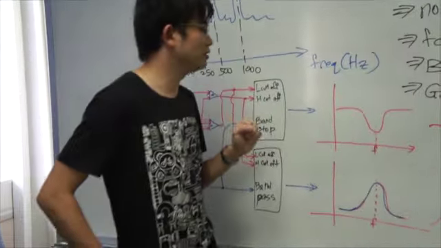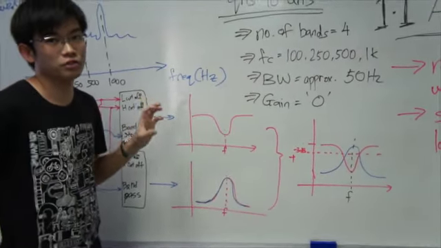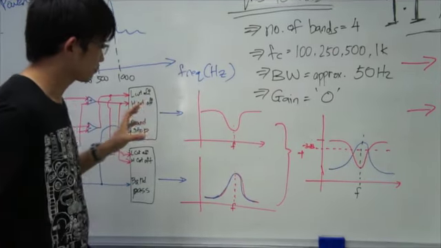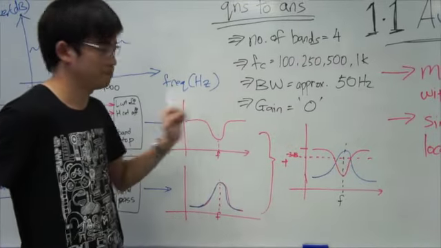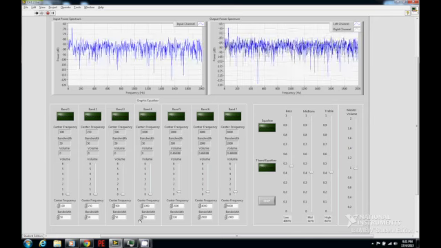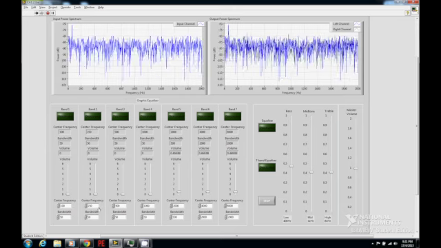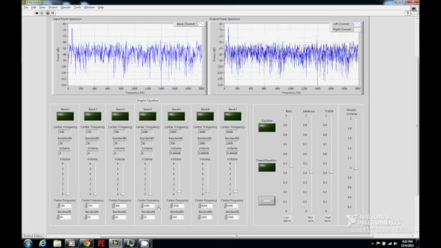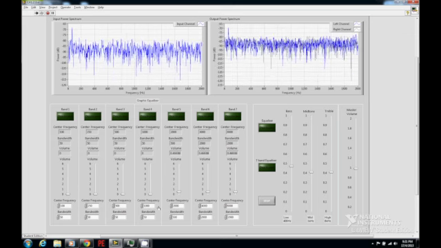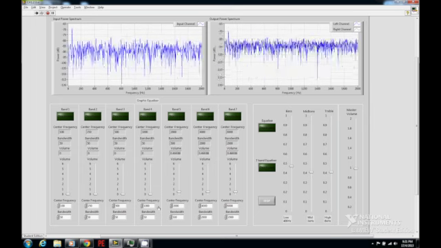This gives us the ability to isolate the signal of the particular band from the original musical signal itself, and perform audio equalization for the particular bands. The center frequencies of the individual bands are set to 100, 250, 500 and 1000, corresponding to the tonal noise itself. So now let us listen to the original signals.